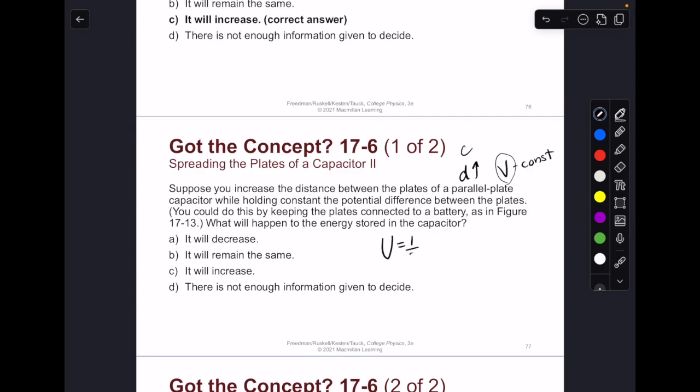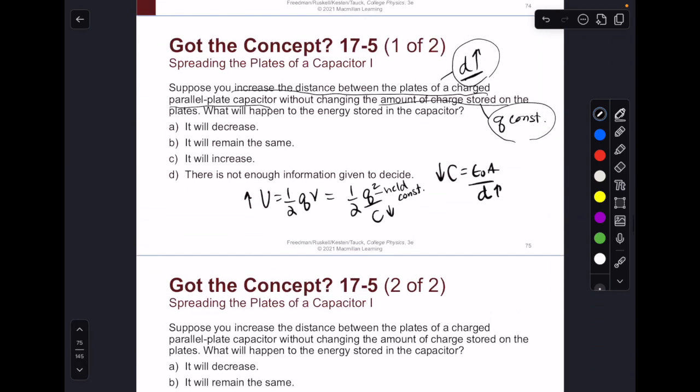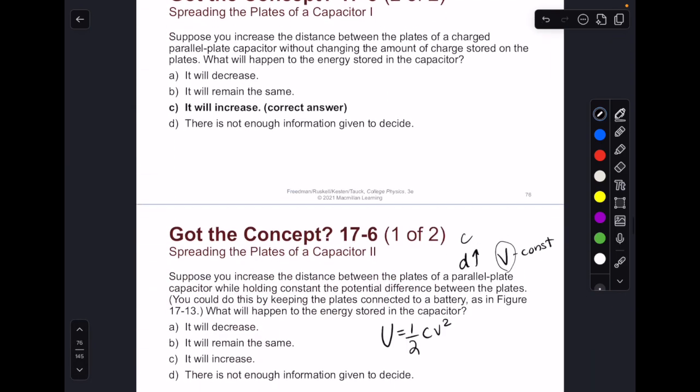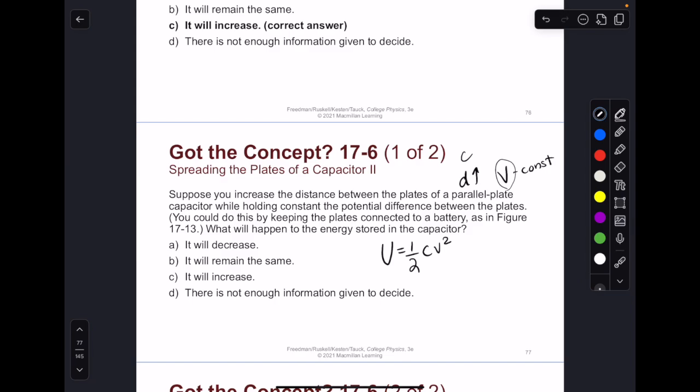So the third equation for energy is 1/2 CV squared, right? Previously we used 1/2 Q squared over C because we wanted to see the charge. Now we want to see the potential being held constant. So again, let's compare what happens to the capacitance first as we increase D. Well, as D increases, we saw that capacitance decreases.